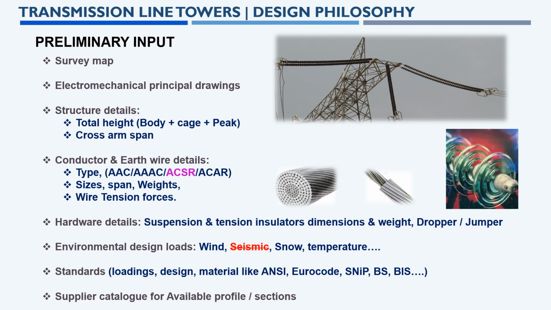Environmental design loads like wind, snow, temperature; generally seismic can be ignored in most practice. Standard loadings to be followed and design material like ANSI, Eurocode, SNP, BS, BIS. That is important as input for design and engineering. Supplier catalog for available profiles or sections.